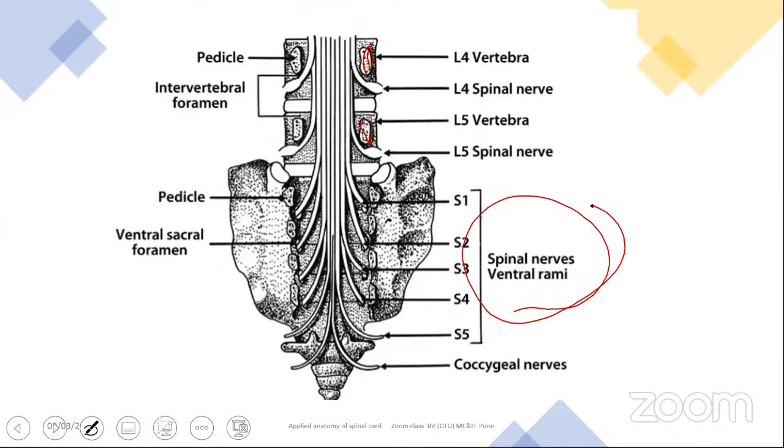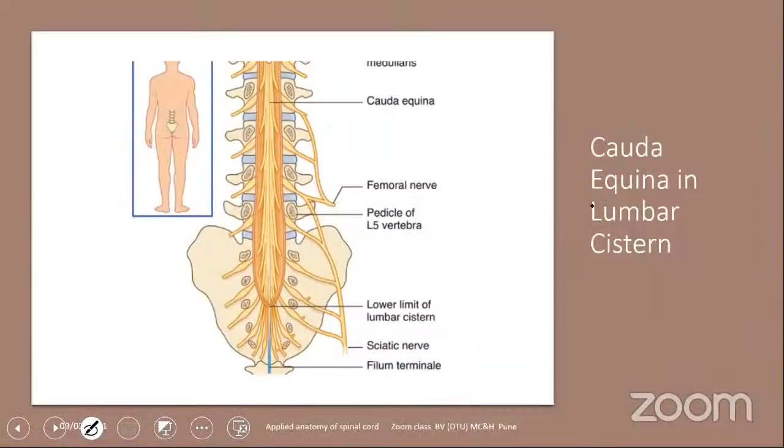And this is a must to remember that the spinal nerve, which is exiting from the intervertebral foramina, divides into ventral rami that form the plexus, right? And you can see the plexus which is formed.